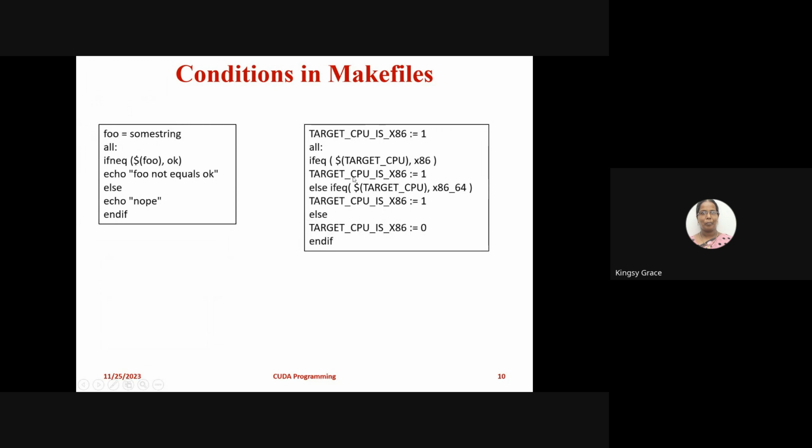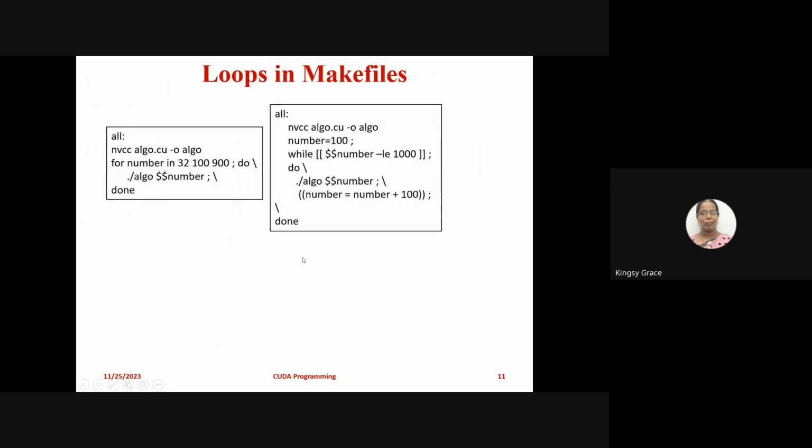In this way you can write conditions in makefiles. You can also write loops, for how many times something has to be executed. The backslash represents that the following statement has to be written on a single line. If you are not writing it on a single line, you can use the backslash.